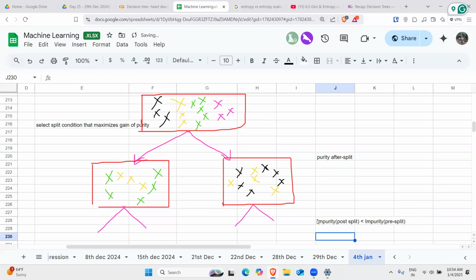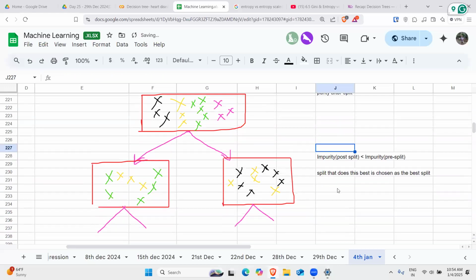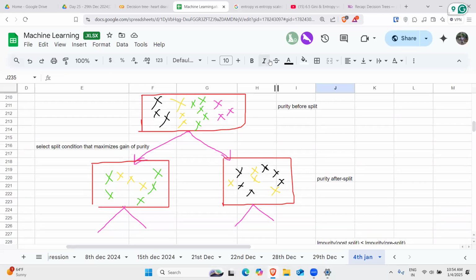The split that does this best is chosen as the best split. So that is your condition.